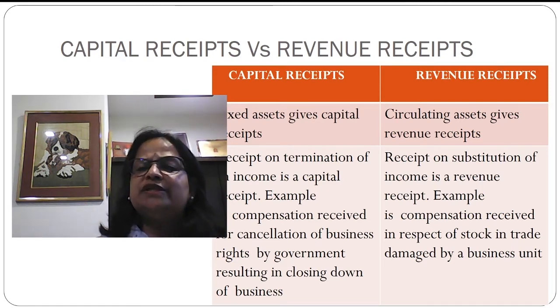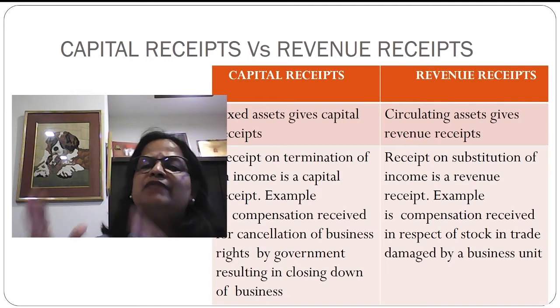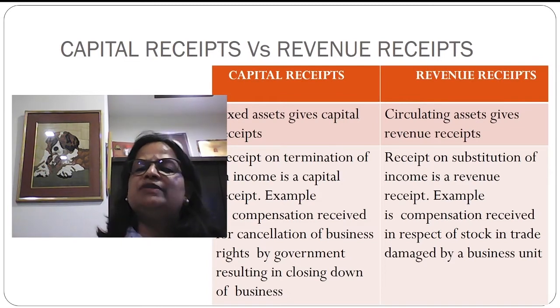Now, revenue receipt: receipt on substitution of income is a revenue receipt. For example, a compensation received in respect of stock in trade damaged in a business unit. See, for example, this lockdown period. Everybody was forced to close down their business units for 70 days. It was completely closed down, 70 days. So some of them had refrigerated items, and all of a sudden they were asked to close the shops.